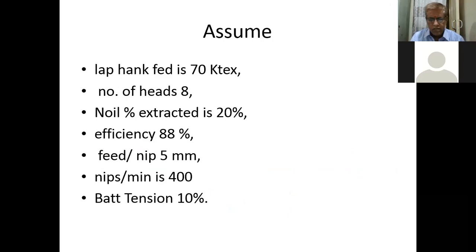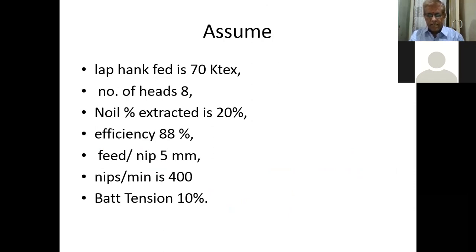So how will we assume the particulars? This is just one example. We may have more or less values than those mentioned in this slide. First important parameter is lap fed. Suppose it is 70 kilotex. Next is number of heads. We know very well it is generally 8 heads.